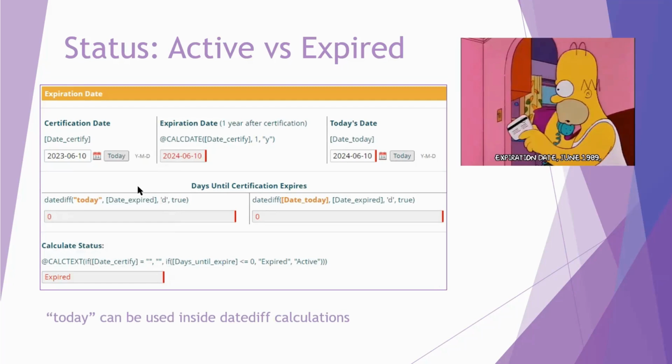Notice how today inside quotes can be used inside of date diff and is functionally equivalent to a field that captures today's date with the @today action tag. So this is going to be relevant on the next slide.